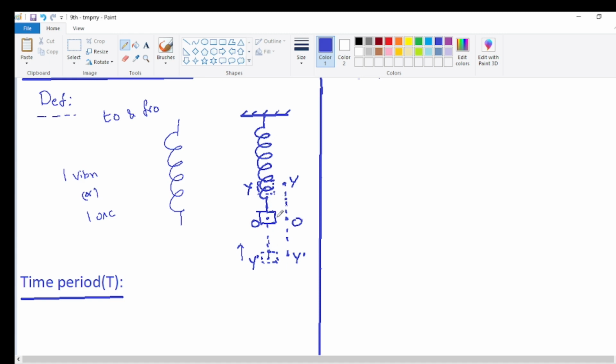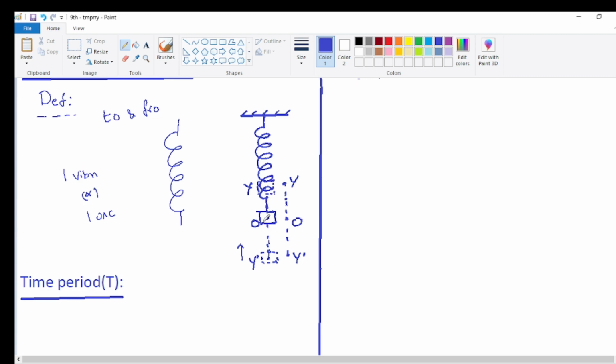So during this vibratory or oscillatory motion, just observe that the body starts moving from the mean position o. During such continuous long-time motion, it will keep executing vibratory or oscillatory motion. Imagine that the body starts moving from the mean position o, say in the upward direction. It goes up to the top extreme position, and again returns to the same position, but in the opposite direction.